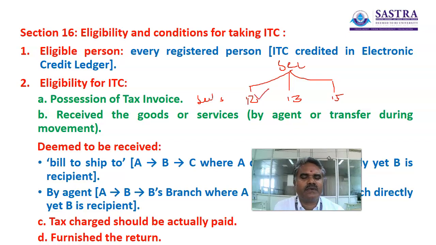Section 12 is for time of supply of goods, 13 is for time of supply of services, and 15 is value of supply.